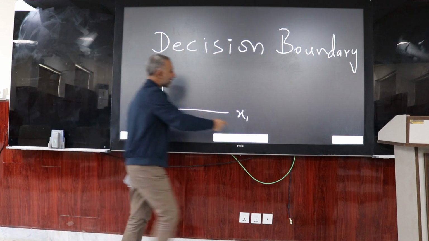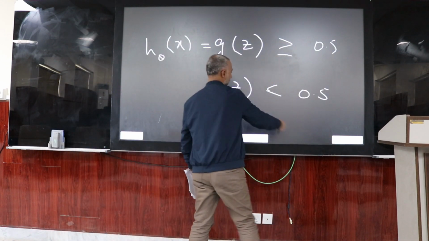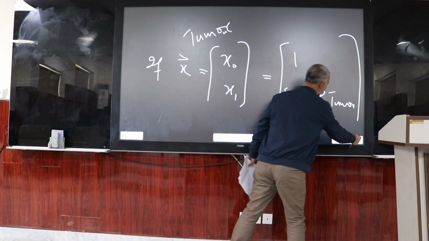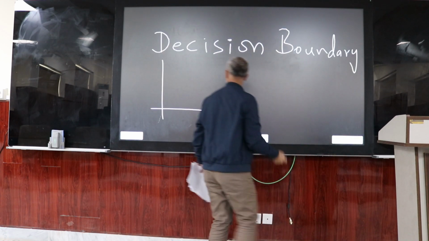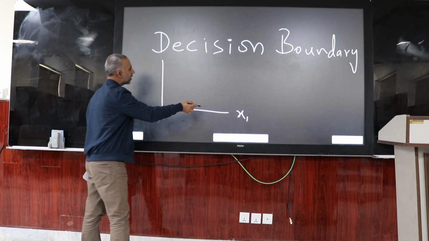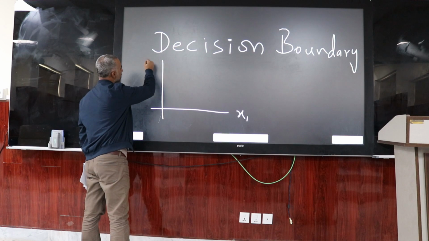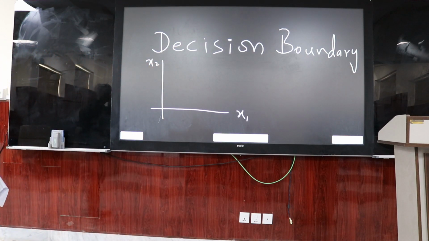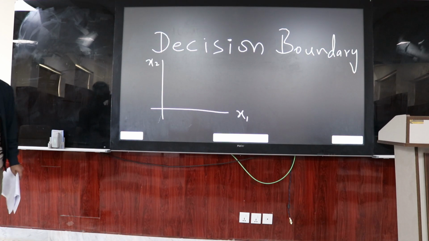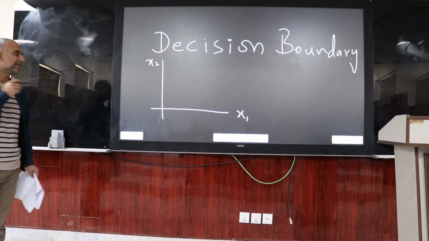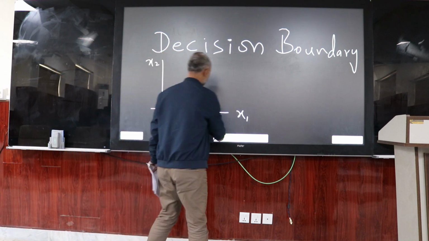Here, x naught is somewhere here, x1 is one vector, and suppose x2 is the other vector. I am considering the decision boundary between the malignant and the benign.